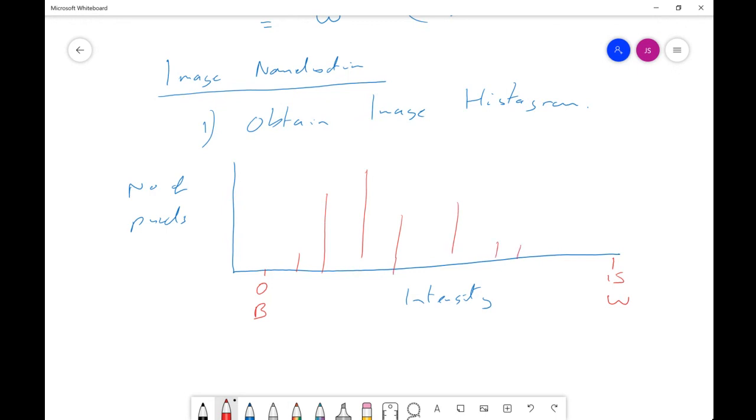And this would be an intensity, and this would be a number. It tells you the amplitude of each histogram entry, which is going to be the number of pixels at that intensity. So if we add up all the entries in the histogram, it should equal the total number of pixels.